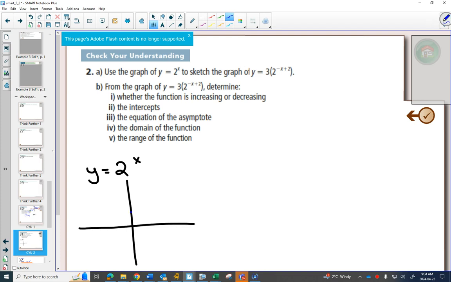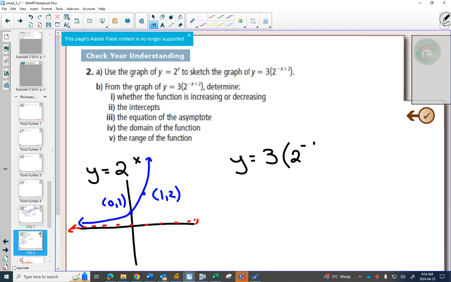So your parent graph always has 0, 1 and 1, 2. In fact, 2 points is enough with the asymptote to draw this accurately. Now, we want to graph y equals 3 bracket 2 to the negative x plus 2.